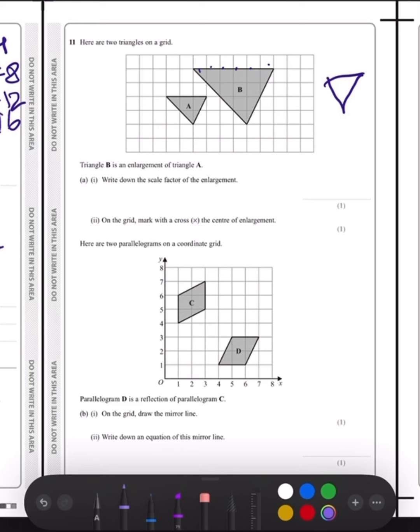If triangle A or triangle B was like this, we might want to look at different sides, because each would have different sides and they would not be similar. This side would not be equal to this, and this side would not be equal to this side.